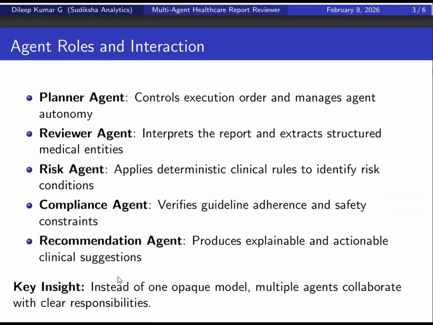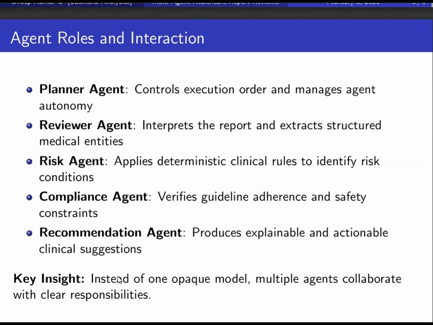And if I go into details, these are my agents and their responsibilities. The planner agent controls the whole system by executing the agents in sequence. The reviewer agent interprets the report, meaning it extracts the text from the report, and then also extracts medical entities, meaning different elements of the medical report.